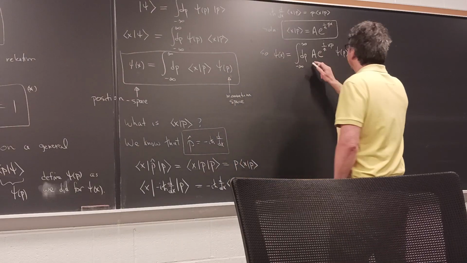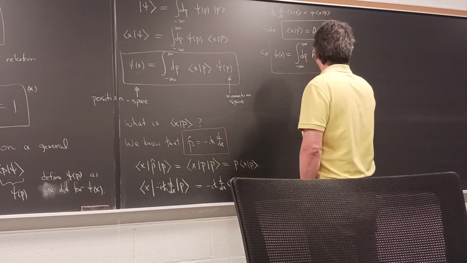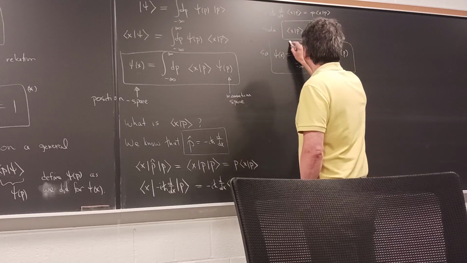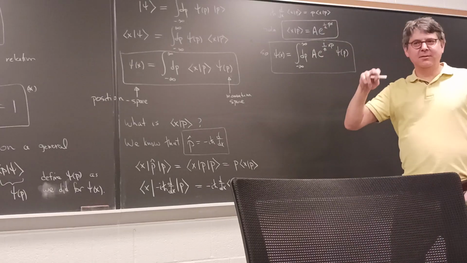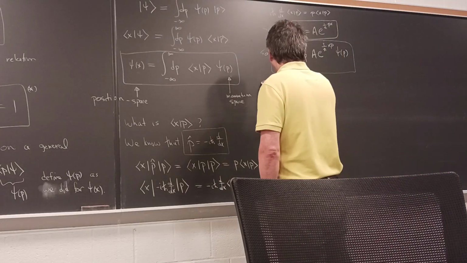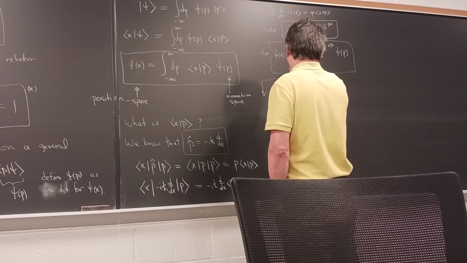Okay, so they're related by Fourier transform, but let's work out this constant A. To do that, let's just write down what a Fourier transform pair is.